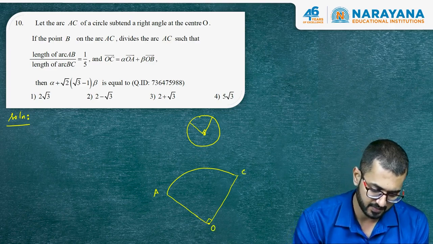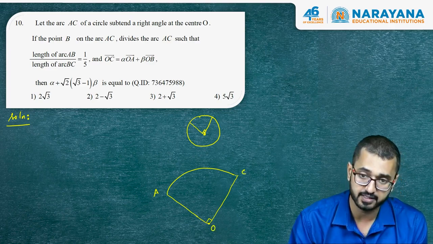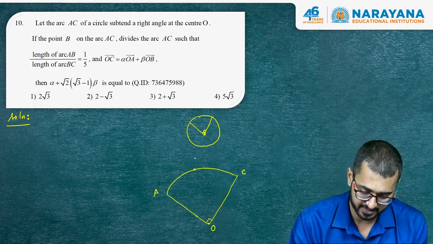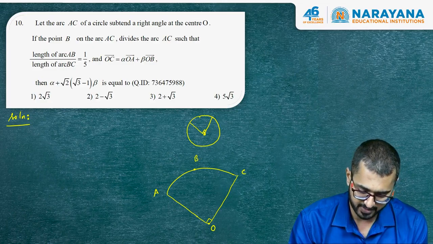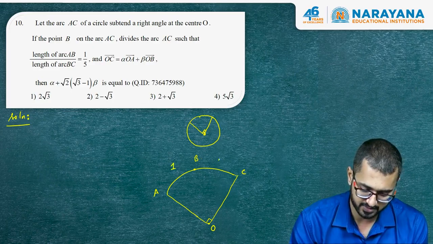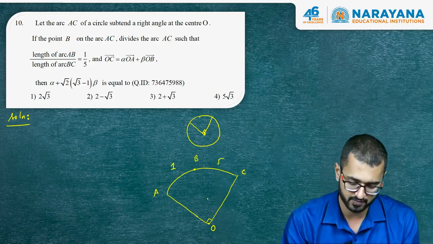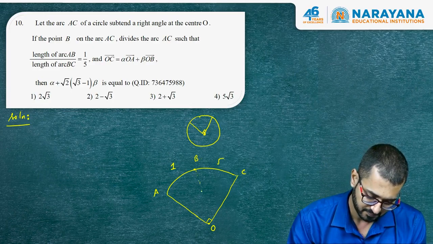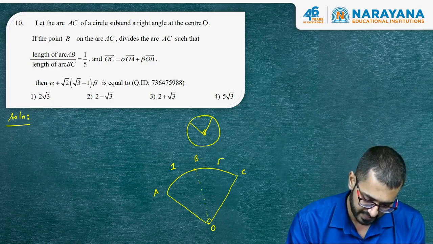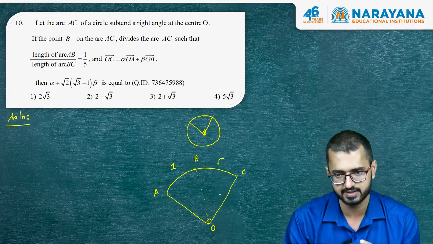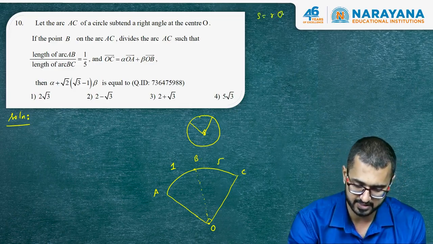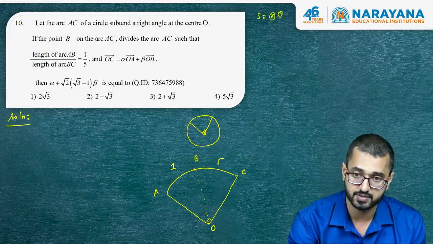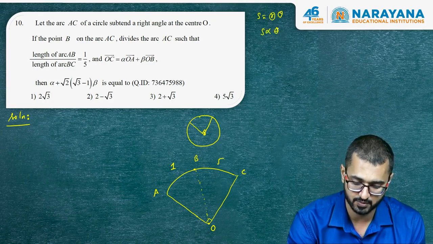Now the point B is on the arc AC such that the length of arc AB over the length of arc BC is 1:5. So this divides in the ratio 1:5. Of course, we now have to find the corresponding angles. We know that S is equal to R theta, and the radius is constant, so S is directly proportional to theta.